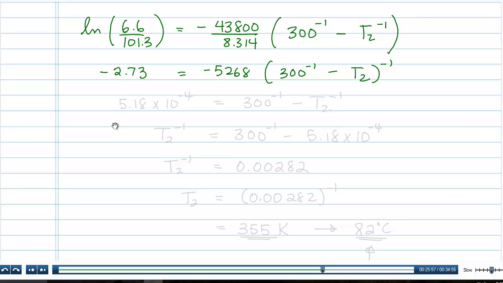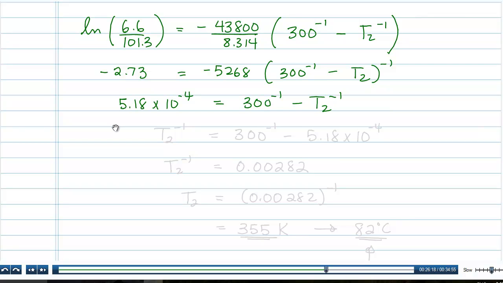Now I'll divide negative 2.73 by negative 5268. I get an answer of positive 5.18 times 10 to the minus 4, which is equal to 300 to the minus 1 minus T2 to the minus 1.